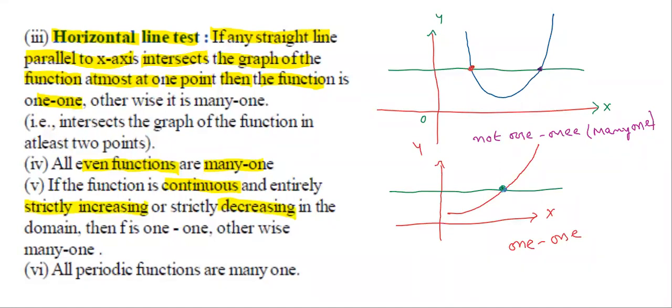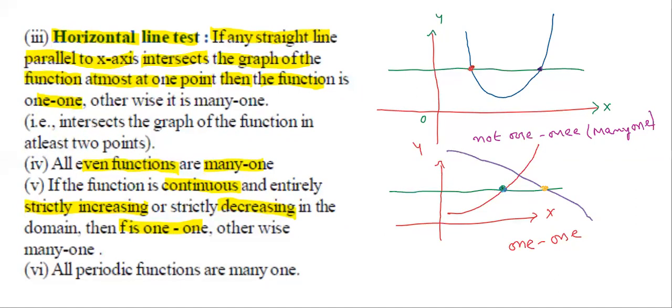This is a strictly increasing curve. If you want strictly decreasing, this is a curve going to decrease like this. So only at one point the horizontal line intersects. Either increasing or decreasing curve, it is always one-one only.